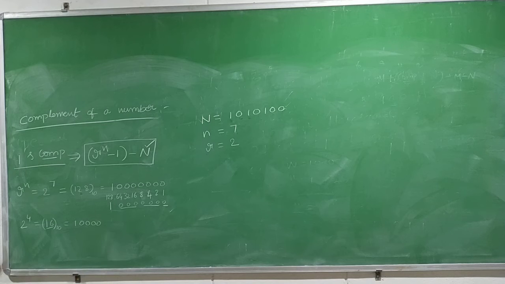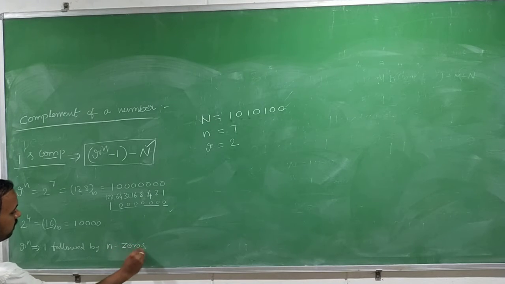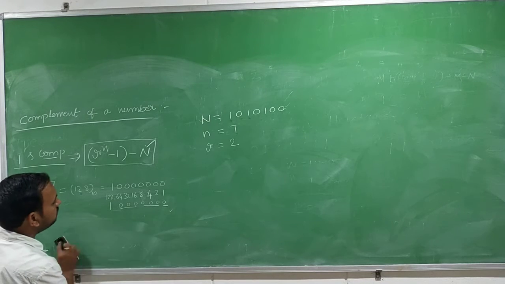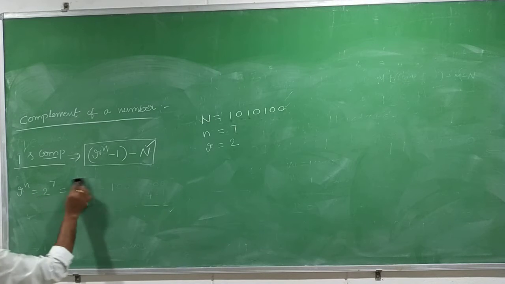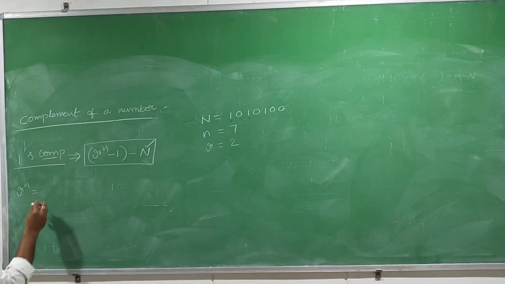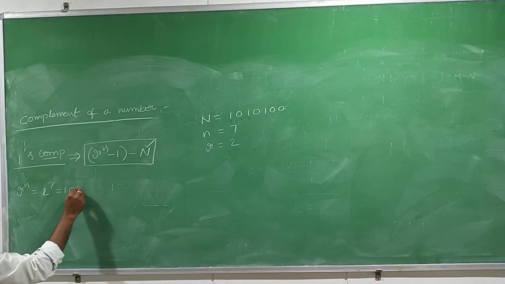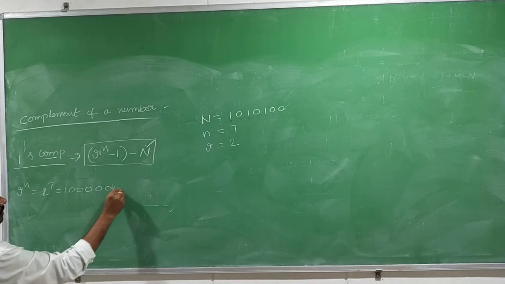So the essence is, r power n means 1 followed by n zeros. Coming to here, r power n means 2 power 7, 1 followed by 7 zeros.